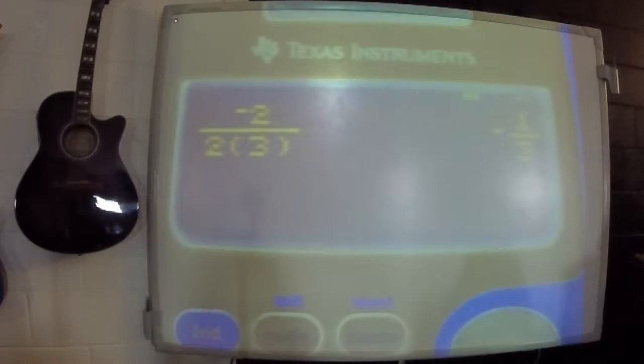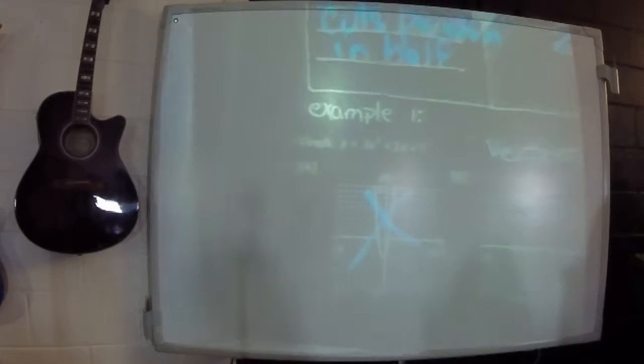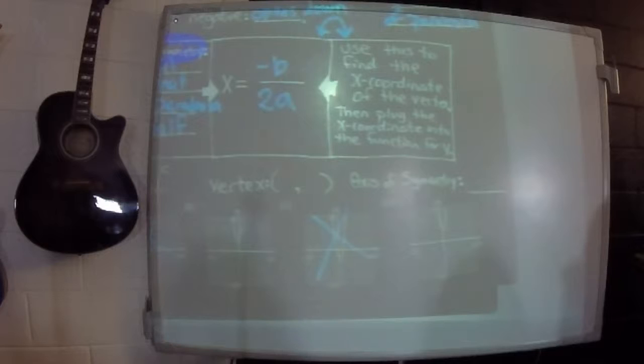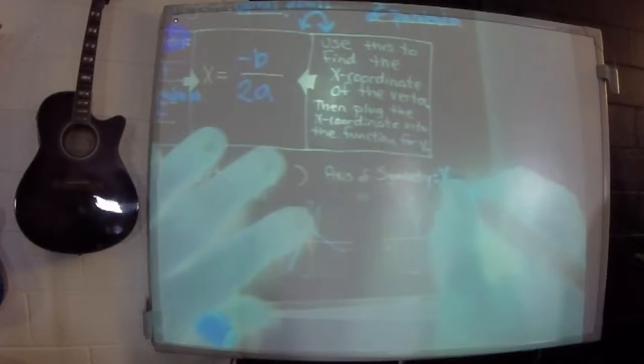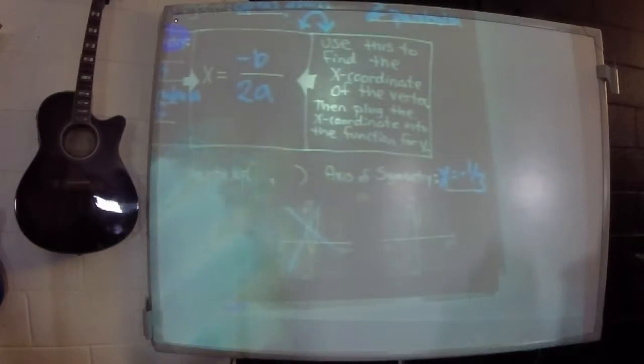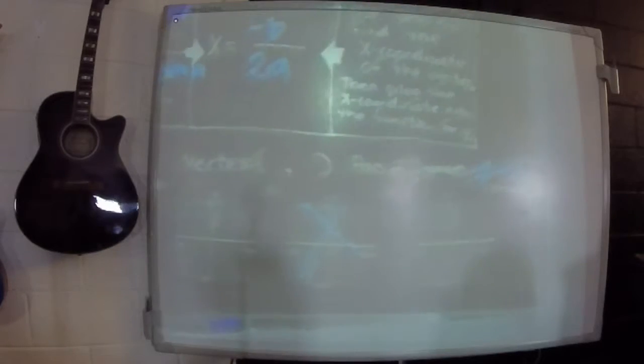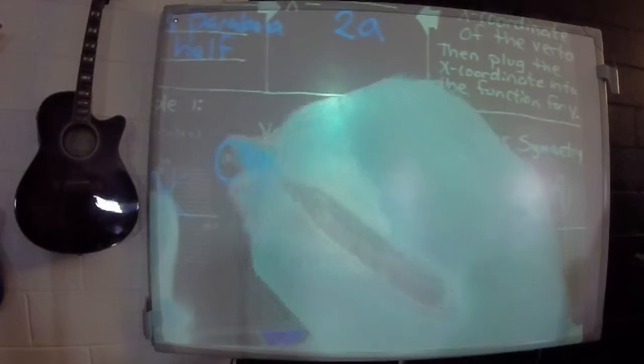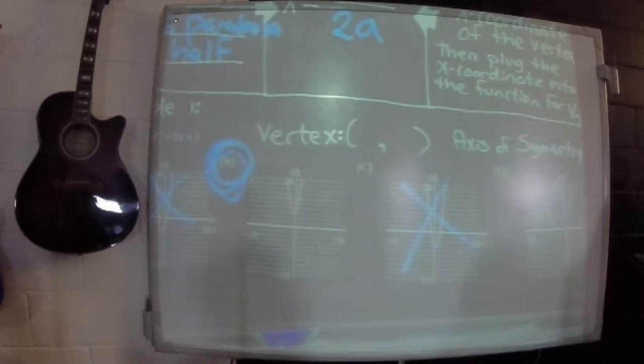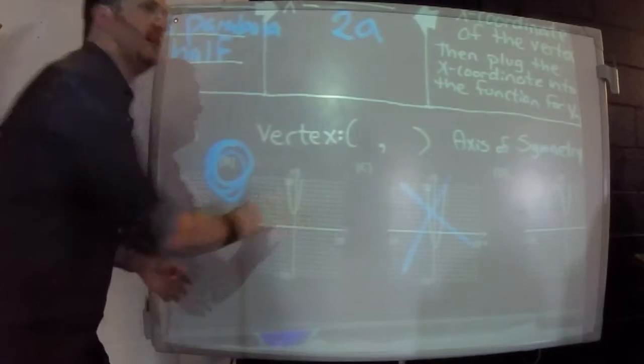Here's my axis of symmetry. It's negative 1/3. So my axis of symmetry is the vertical line x equals negative 1/3, which makes B the right answer, for sure, because the axis of symmetry that cuts it in half is at negative 1/3.